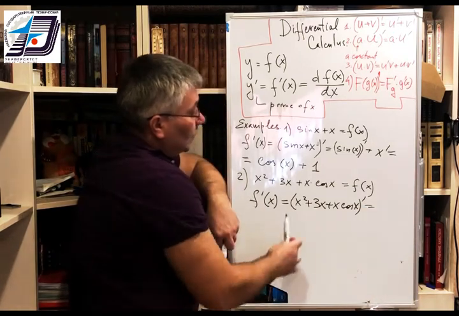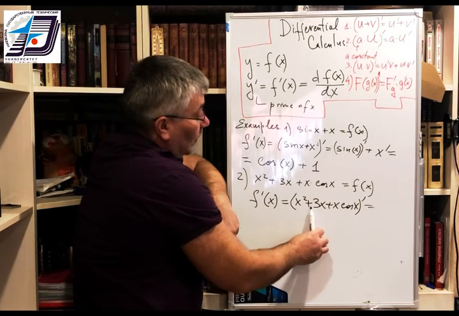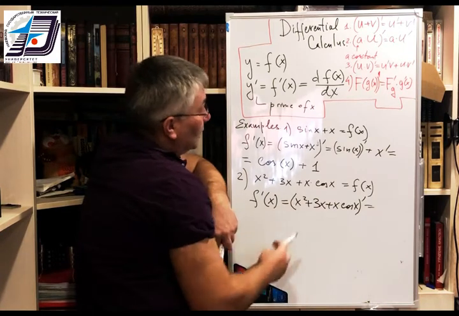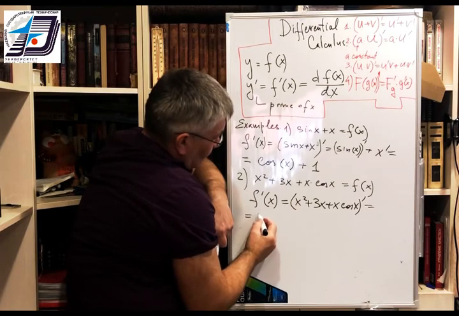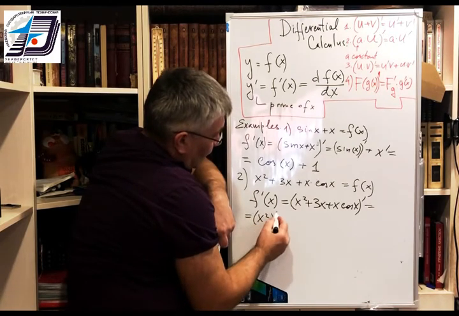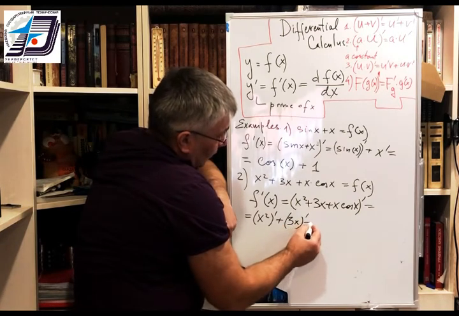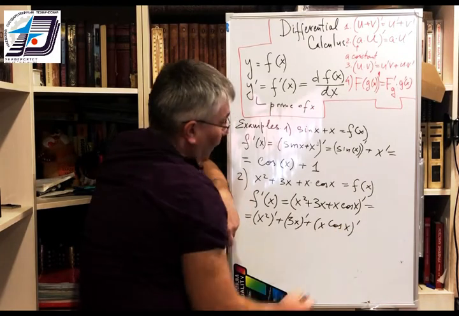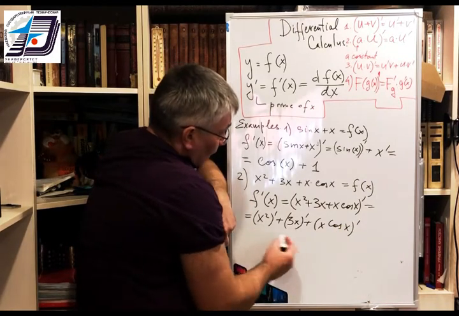Now you can notice that we have here additions of functions. x squared is added to 3x, which is added to x cosine x, and I use the first rule here. It is the derivative of x squared plus the derivative of 3x plus the derivative of x cosine x. Now you can see here x squared.